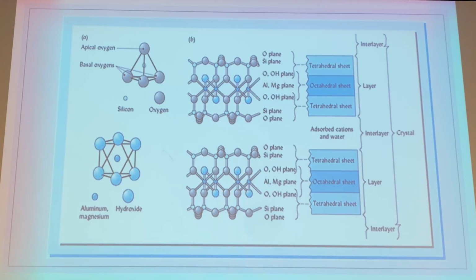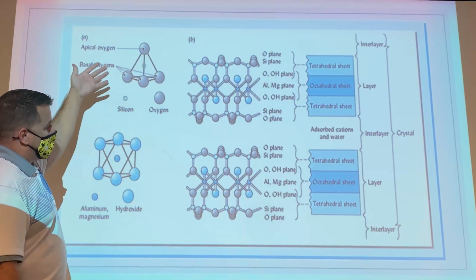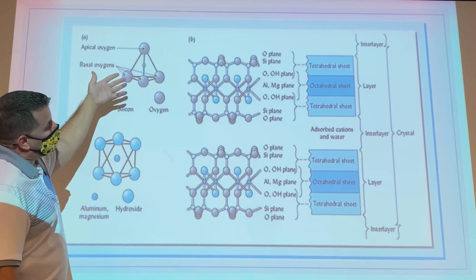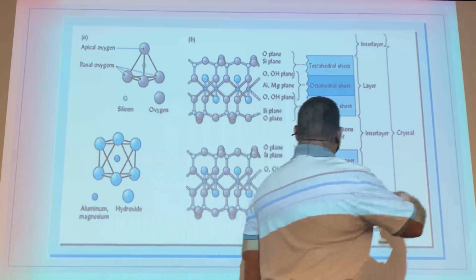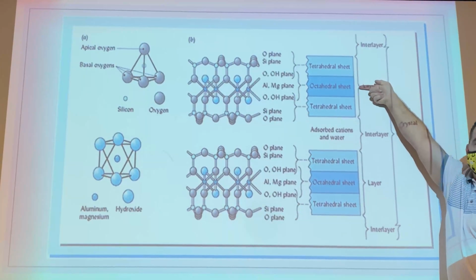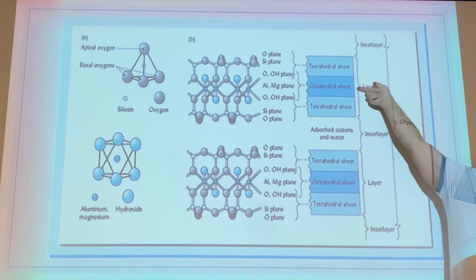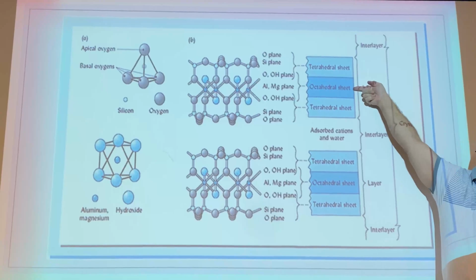This is probably the most chemistry that you're going to encounter for this class, maybe till we get to module 4. So what we have is this looks like a 2-to-1 clay, where we have 2 tetrahedral sheets and an octahedral sheet in the center, kind of like a sandwich. We have the pieces of bread and the meat in the middle.